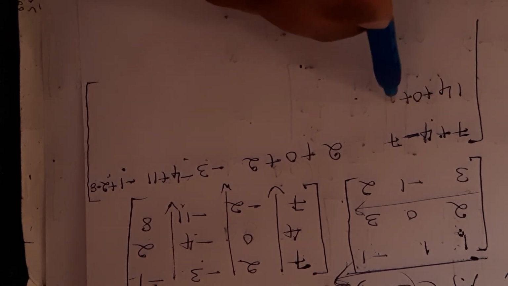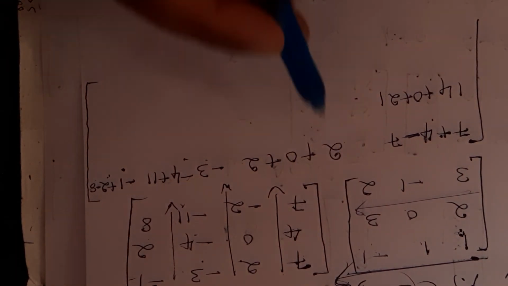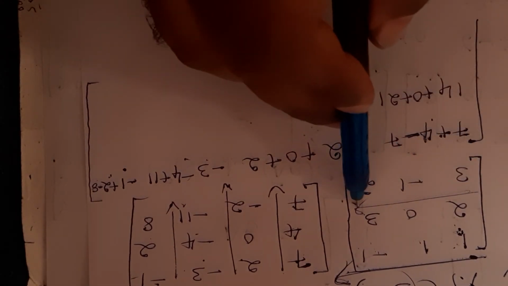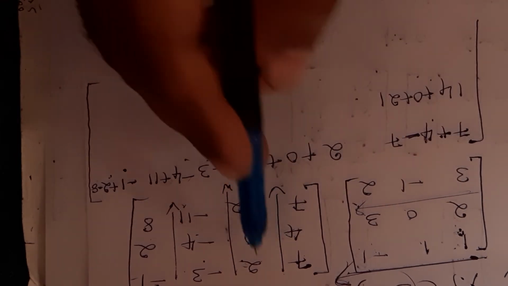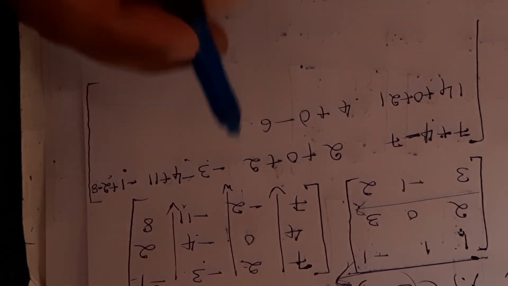So then you take this one here, 2 into 7, 14, plus 0, 4 into 0, 0, then 21. 3 into 7, it is 21. Then you take this one, so second row and second column, 2 into 2, 4, plus 0, minus 6.